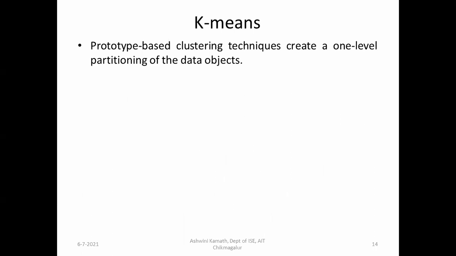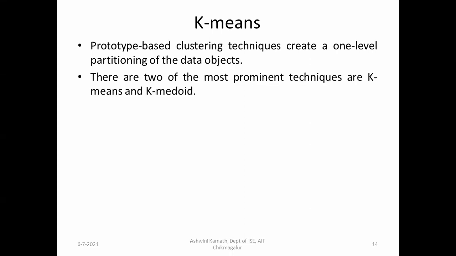K-means algorithm. Prototype-based clustering techniques create a one-level partitioning of the data objects. Prototype-based clustering means, as I told you, medoid or centroid we can use. There are many techniques for the K-means algorithm, but here we are going to discuss the most prominent ones. One is based on means, that is the average value of the points, and another is based on medoid.